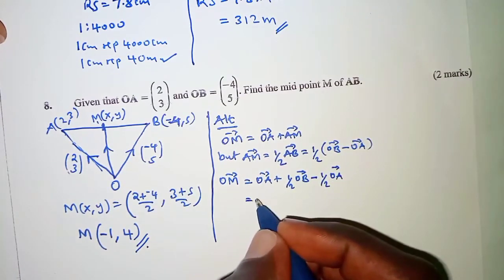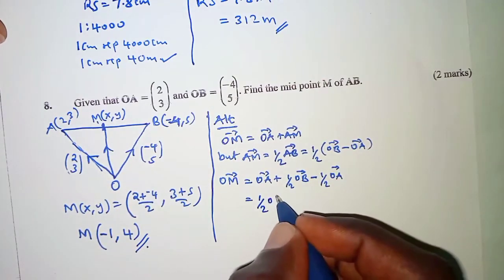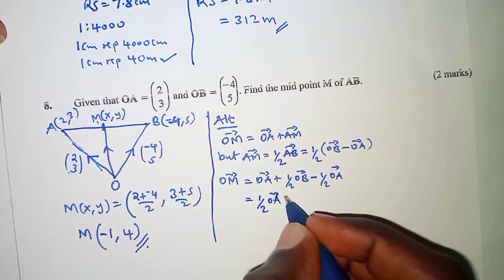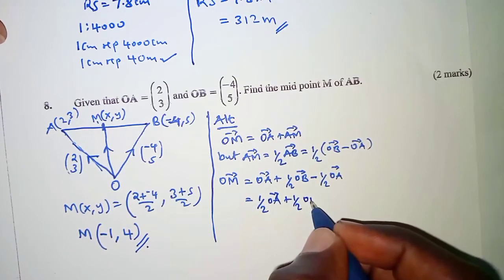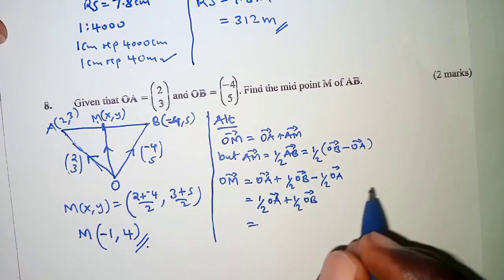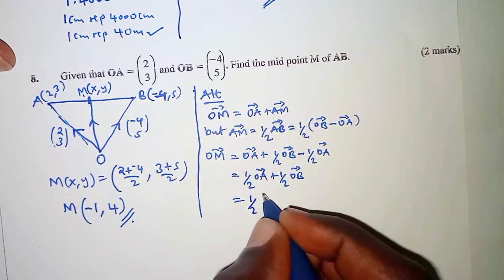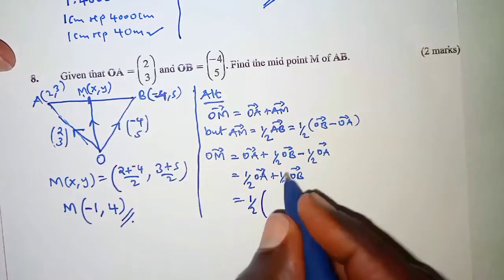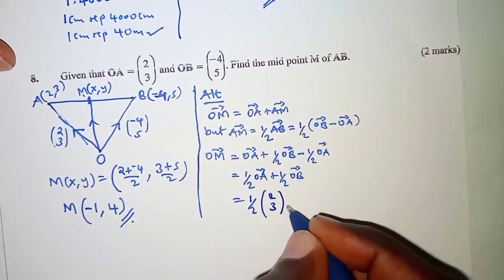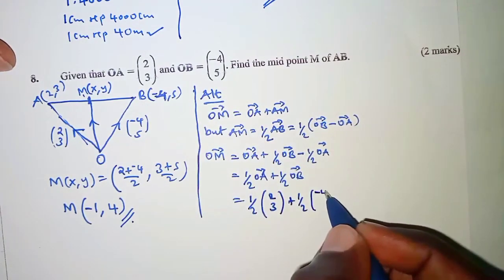And that simplifies to a half OA plus a half OB. Now substituting for OB and OA, we have a half OA, and OA is (2,3), plus a half OB, and OB is (-4,5).